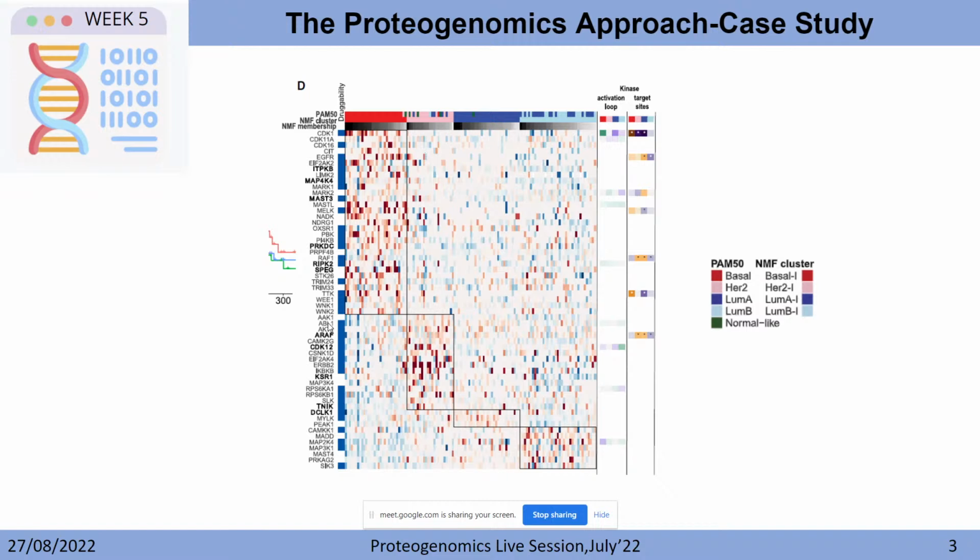So you can see that their clusters have been formed on the basis of these genes: basal, HER2, LumA, LumB, luminal A, luminal B. On the basis of the closeness of the intensity level or the expression level of those genes or proteins, it has been clustered, that this is similar, so these form this group.